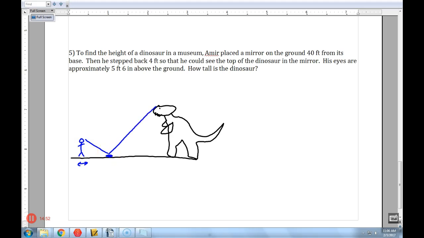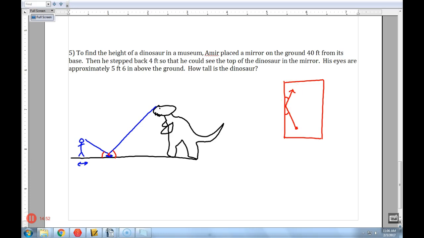Once you get to that magic point, mirrors work in such a way that your line of vision, whatever comes in, goes out. It's called the angle of incidence and the angle of reflection in physics, or it even happens in pool. If I'm playing on a pool table and I shoot a ball and it hits right there, whatever angle this is, it's going to take off at the exact same angle. That's kind of the idea that we're using.